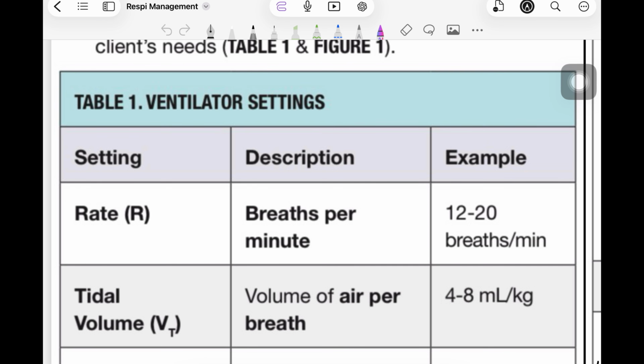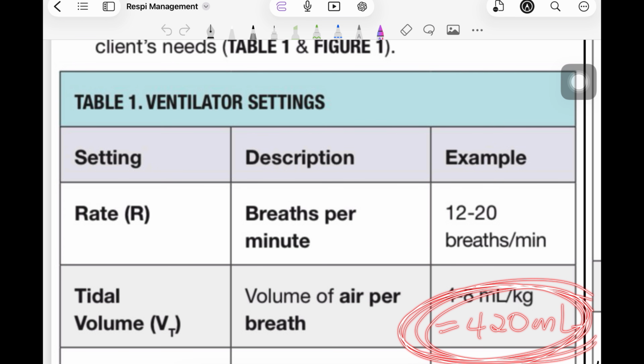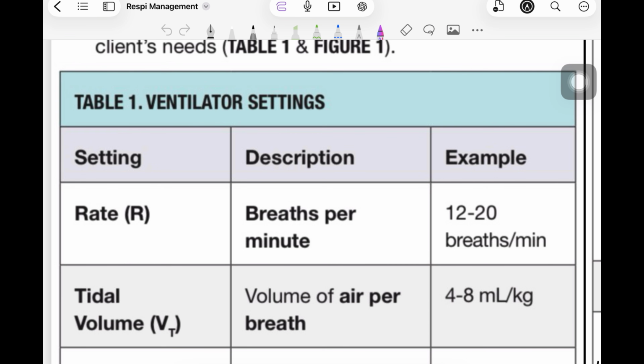Example, the ideal body weight ng pasyente ay 70 kg. Tapos ang order ni Doc na setting ng ating tidal volume is 6 ml per kilogram. So anong gagawin natin? 6 times 70 equals ilan? Equals 420 ml. So ibig sabihin, guys, the ventilator will deliver 420 ml every breath. I hope na-gets nyo yun.